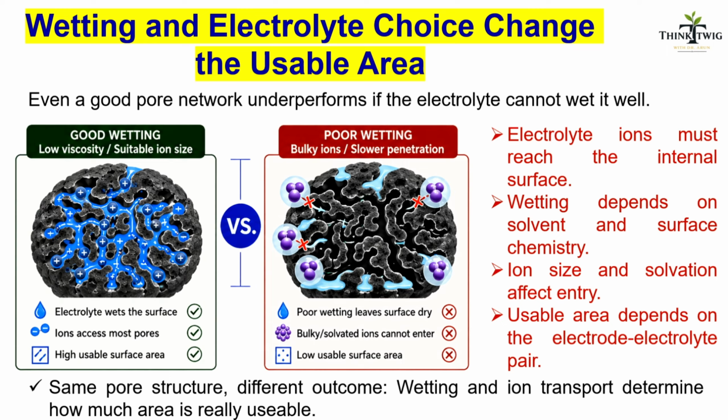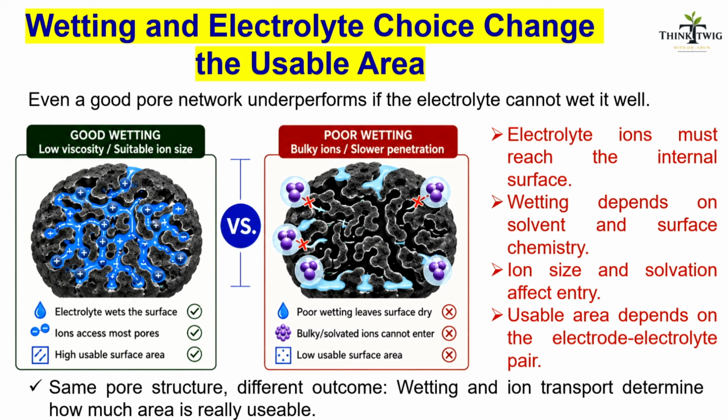The solvent matters, surface chemistry matters, ion type matters, ion size and solvation matter. So useful surface area is not only a property of the carbon, it is a property of the electrode-electrolyte pair.